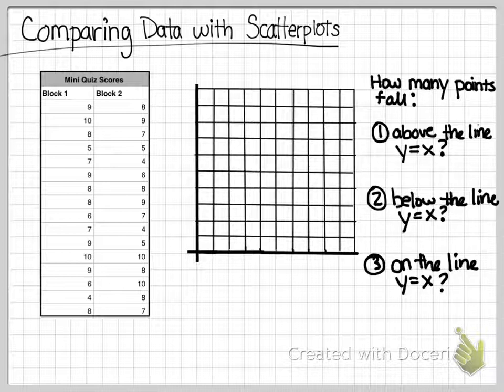So the first thing I'm going to do is construct my scatterplot. I know I always need a title and labels, so I'll do that first. I just have to pick what to put on the x-axis, and I always put whatever's in my first column as the label on the x-axis. So this is going to be block 1 scores.